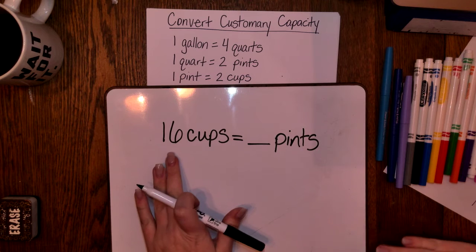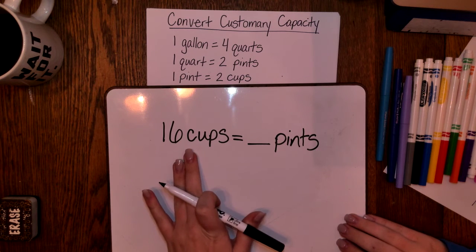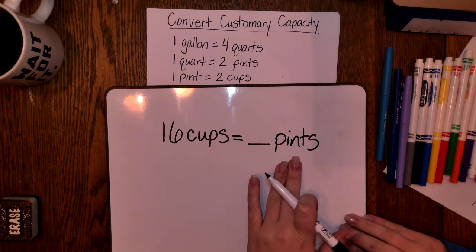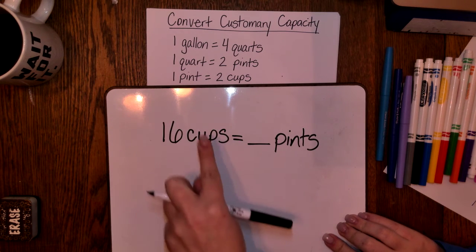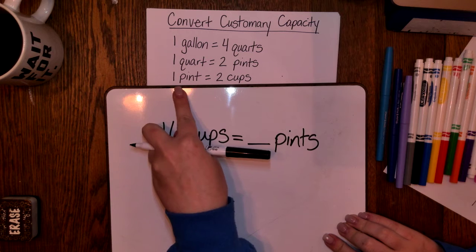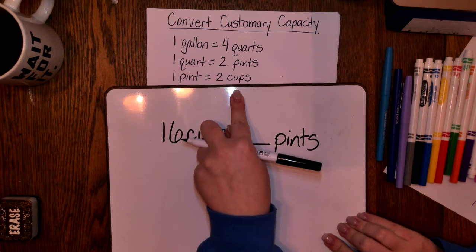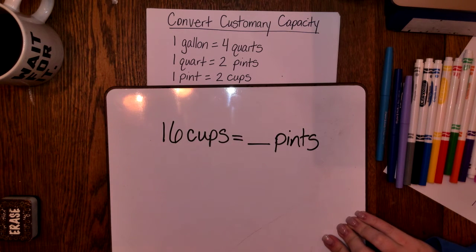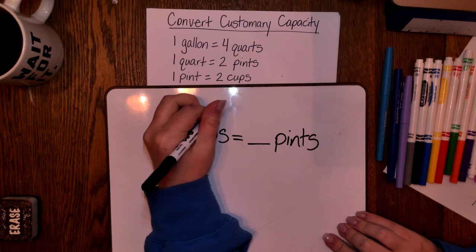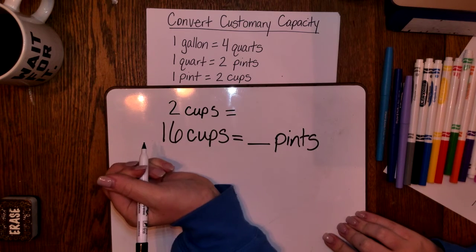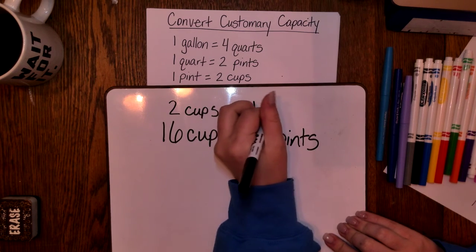So if we're going from 16 cups to pints, we're going to look at our chart. And we know that cups to pints, 1 pint is 2 cups. And I like to keep everything organized, so I'm going to flip it. And I'm going to write 2 cups is the same as 1 pint.